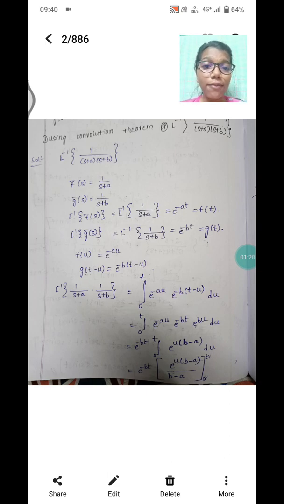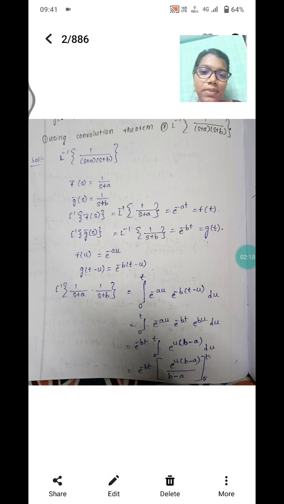The given problem we split into two parts: 1 by s plus a in one part and 1 by s plus b in the other. We apply the Laplace inverse to that f bar of s and g bar of s, because we already know this from the definition. So for this problem we take like this.